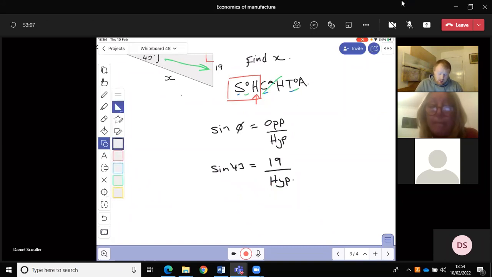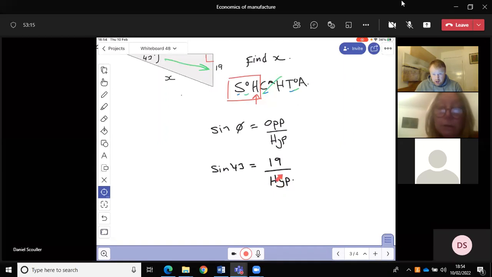Call that X. So we need to change that over to the other side and then move sine over. We need to move the hypotenuse over to the left hand side, so it's on the top row essentially. We can't have it on the denominator.